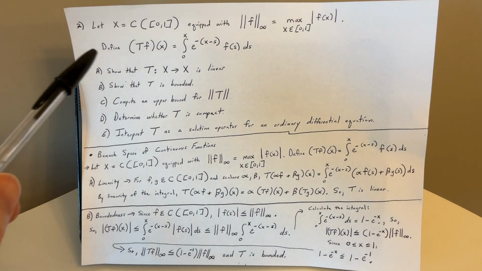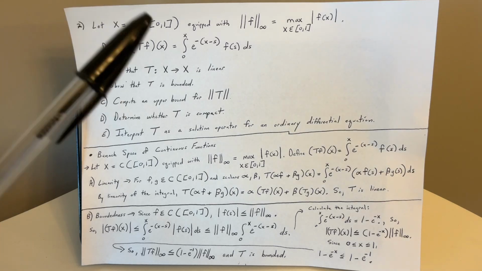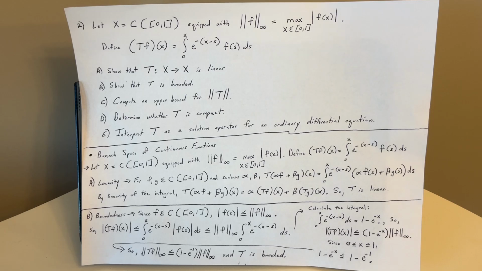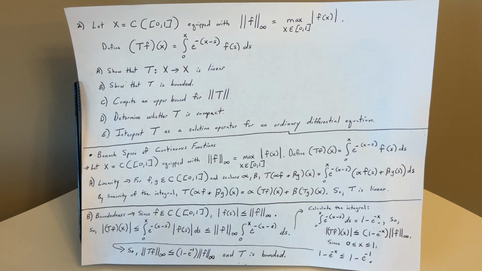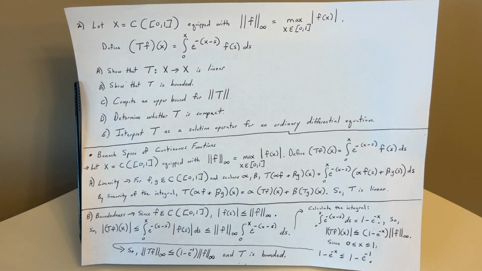Let X equal C of [0,1], equipped with the following norm: the norm f infinity equals the maximum over x in [0,1] of the absolute value of f of x.